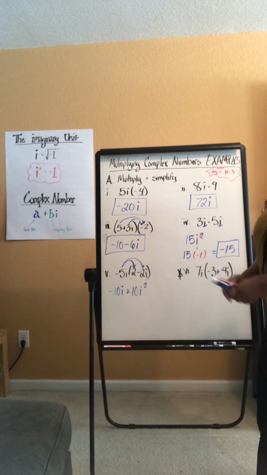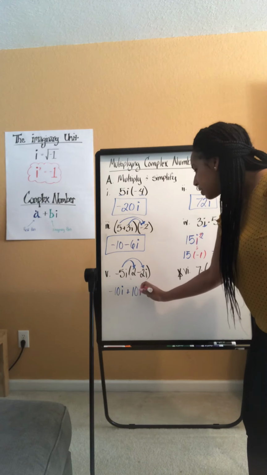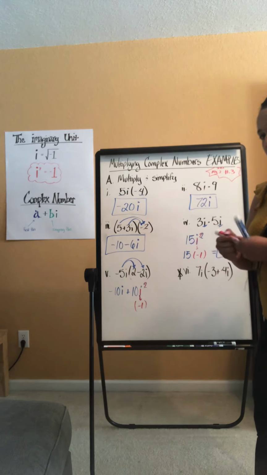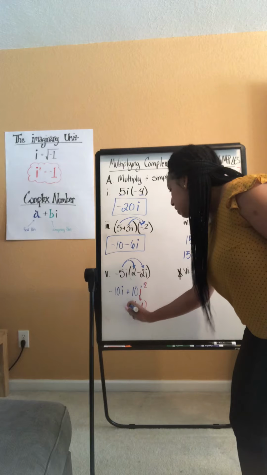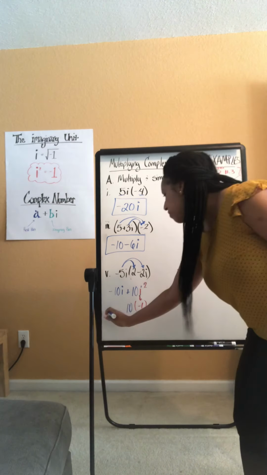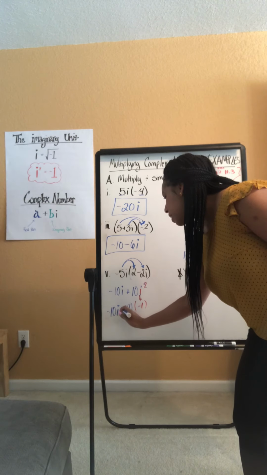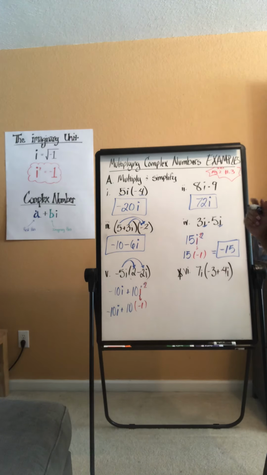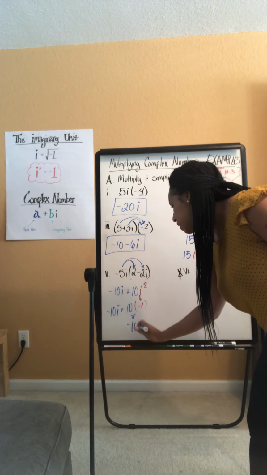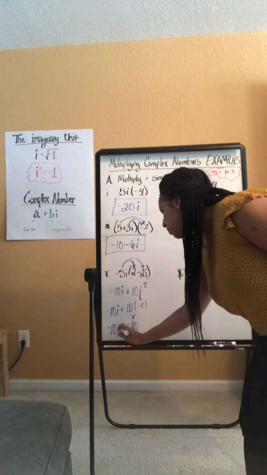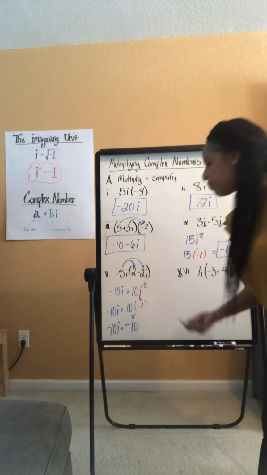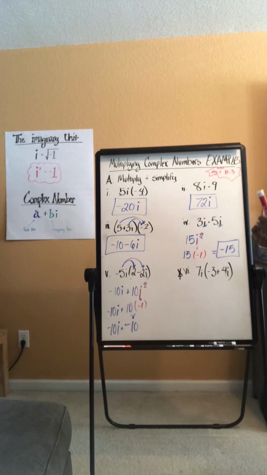Again, we know that i squared is actually a -1, which means we have -10i plus 10 times -1. So the 10 times -1 is -10. So I have -10i minus 10. Minus 10 would be the simplified version.